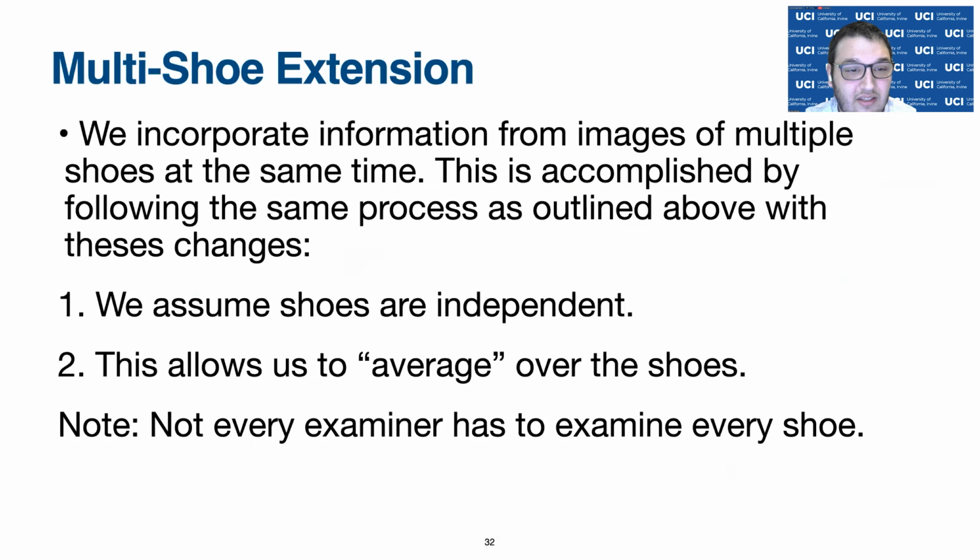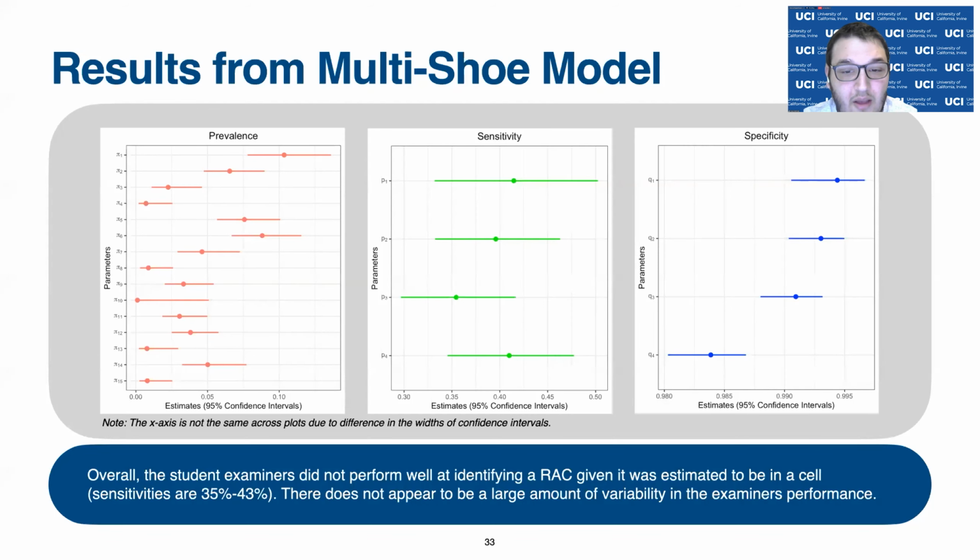So we could see slight changes in the prevalence. But the main thing here is we could see the sensitivities overall are somewhat lower than for that particular shoe. That would indicate that on some shoes, these examiners do worse than they did on that one example. We could still see specificities are quite high.